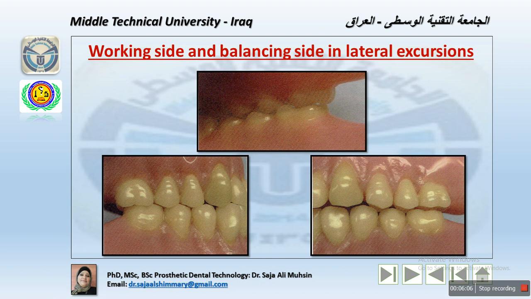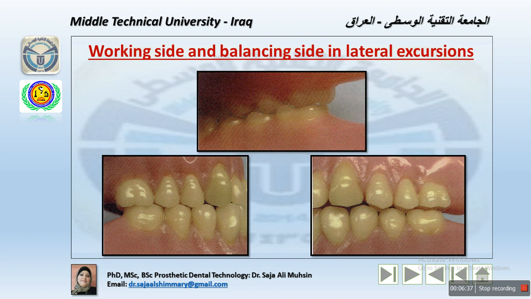Now, the lower buccal cusp maintains contact with the palatal facing slope of the upper buccal cusp, as shown in the image on the left, the lower left one. While on the balancing side, the upper palatal cusp maintains contact with the lingual facing slope of the buccal cusp, as in the image on the right side.